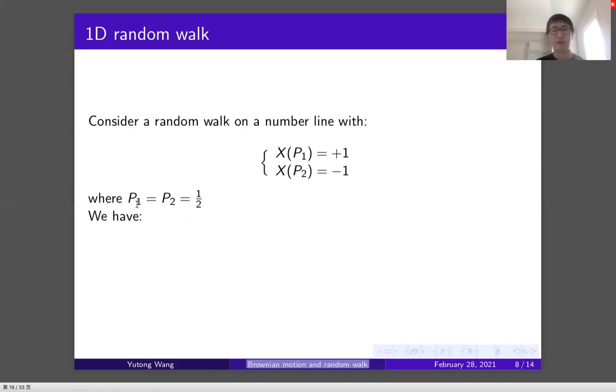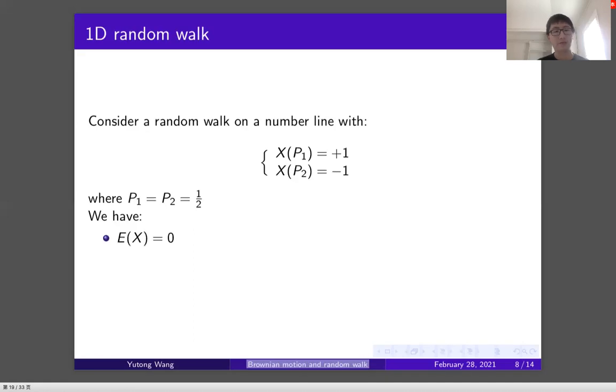You can think of p1 and p2 as going forward and going back. Their probability is equal, which is 1/2.